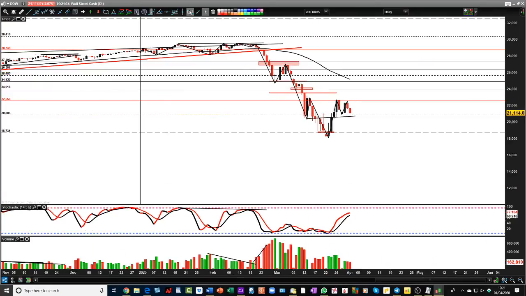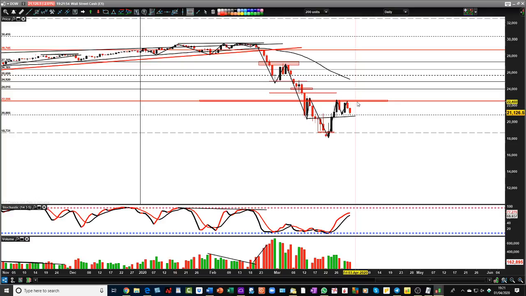Now this red line here, this is the 2019 lows. Anybody who is an Elliott fan will know that this is a 5-wave down move: 1, 2, 3, 4, 5. And we had a 1, 2, 3 wave correction.